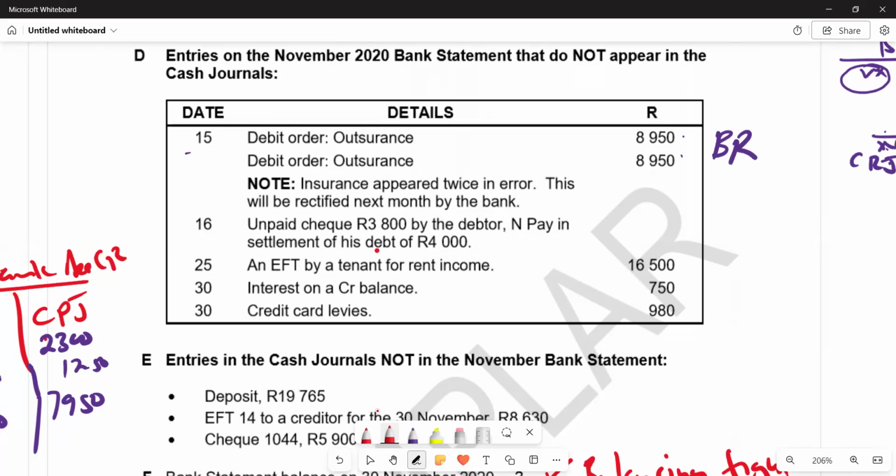So there's an EFT that was effected by a tenant paying rent. It means the money was deposited in our account. So it's appearing on the credit side of the bank statement, but it's not there in the journal. So it's supposed to appear under the cash receipts journal as 16,500.